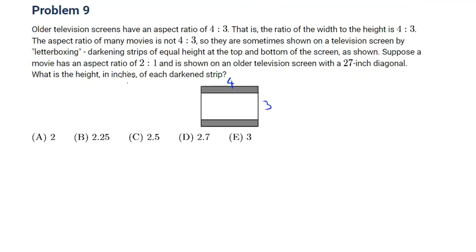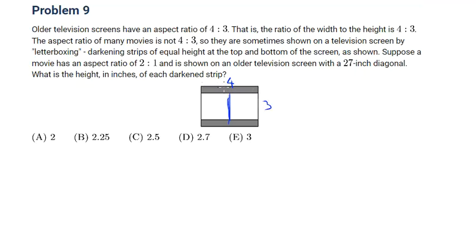Suppose a movie has an aspect ratio of 2:1, shown on an older television screen with a 27-inch diagonal. What's the height in inches of each darkened strip?